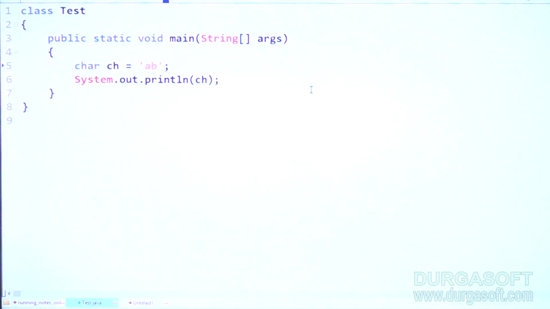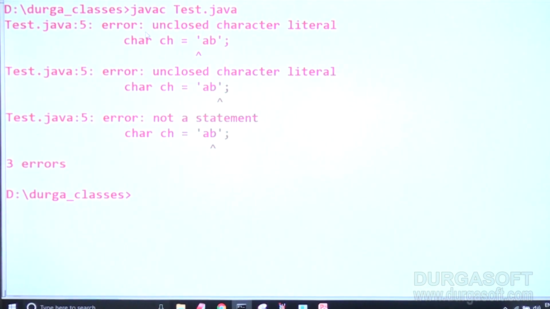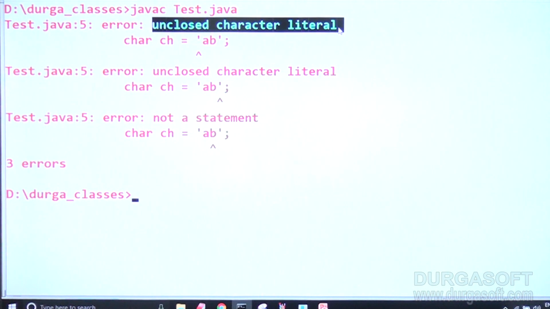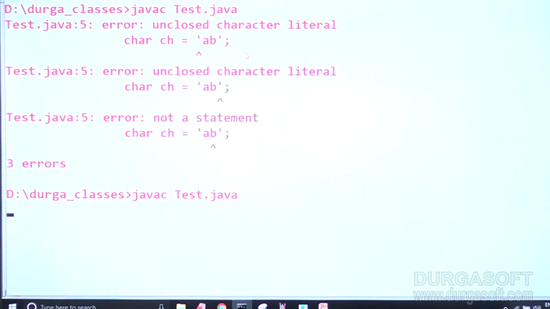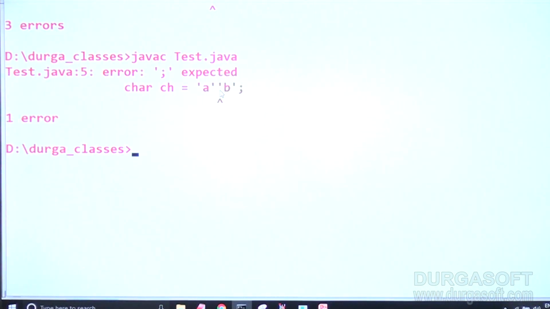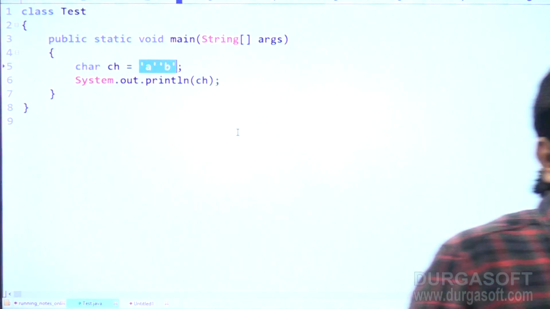Unclosed char literal, you are going to get a compile time error. Next, sir, single quote A, single quote B I'm taking. It's meaningless. Now observe that immediately: semicolon expected, you are going to get a compile time error. I hope it is clear for all of you.